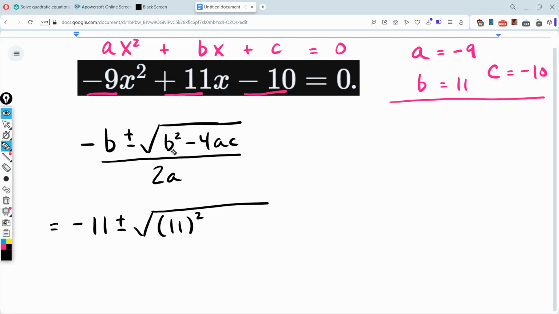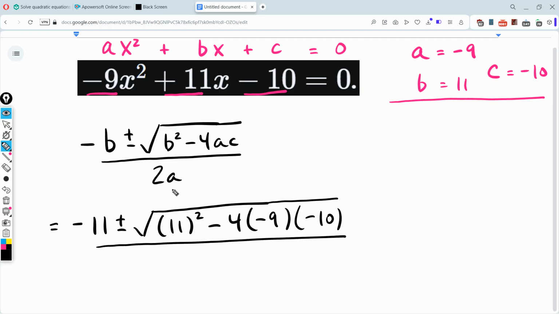Okay, if it's positive, you don't really need parentheses, but it's a good practice. Minus 4 times a times c, so times negative 9 and times negative 10. And that whole thing is divided by 2 times a, so it's 2 times negative 9.